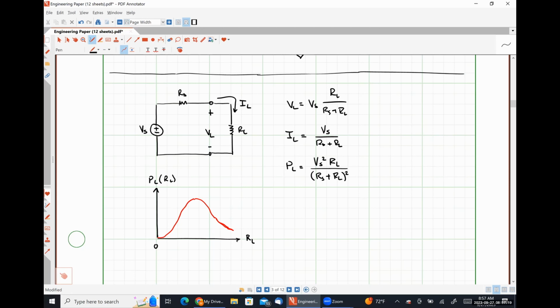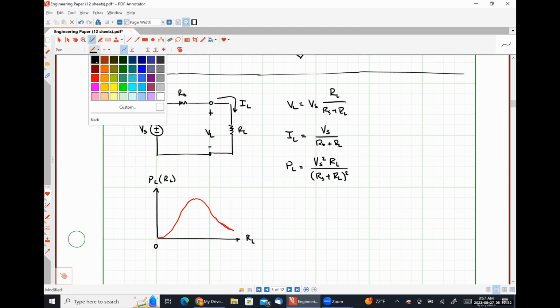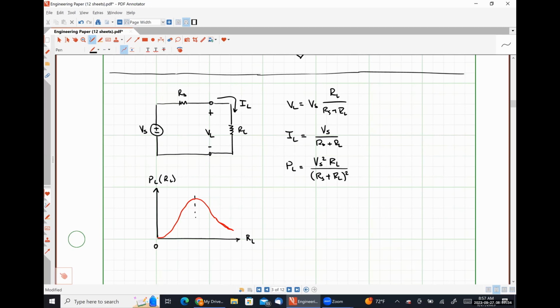And then everything in between those endpoints of 0 and positive infinity is every possible resistor value we could ever think of, right? Well, there is exactly one resistor value at which maximum power transfer occurs.